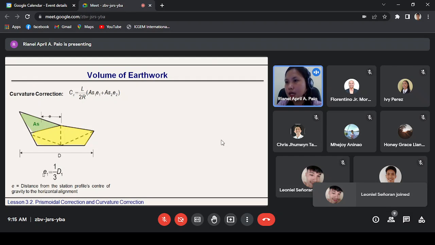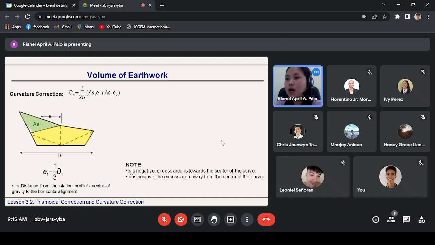So 1/3 of that is our distance of the center of gravity to the horizontal alignment. Our E is negative if the excess area is towards the center of the curve. Then E is positive if the excess area is away from the center of the curve.